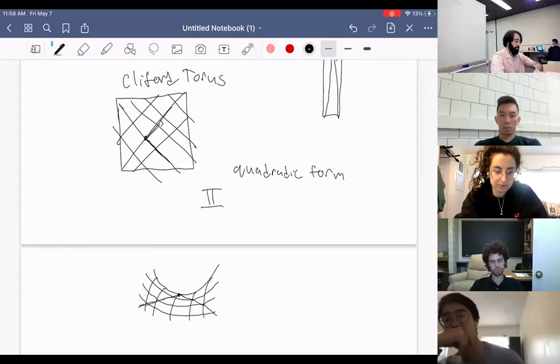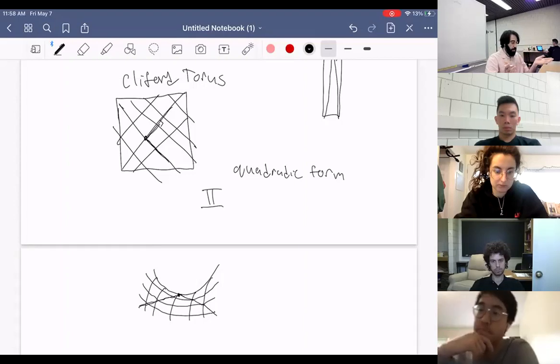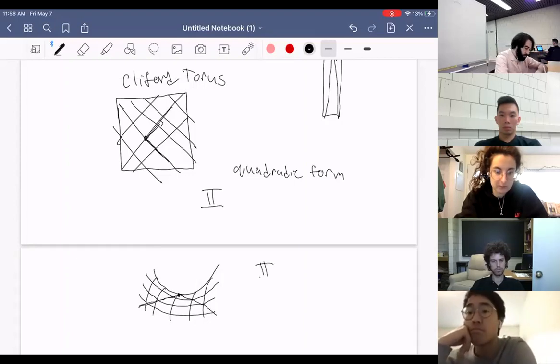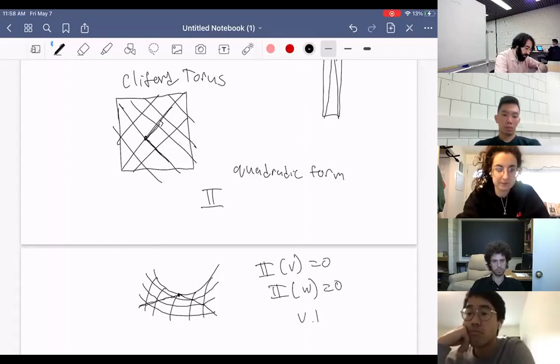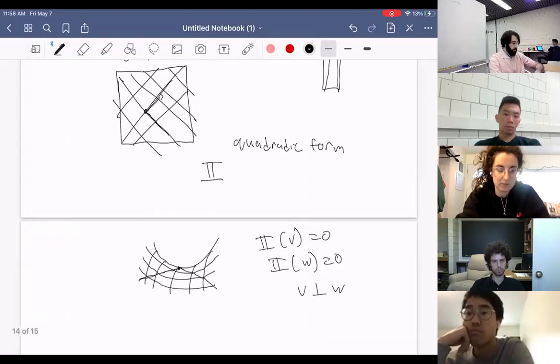So we have a quadratic form where we know that there's two directions where this is going to be zero, and we know that they're normal to each other. So it clearly can't be a paraboloid, otherwise it would be identically zero.